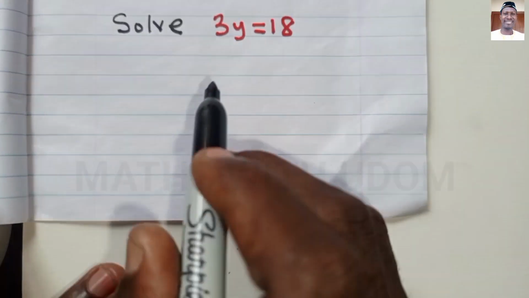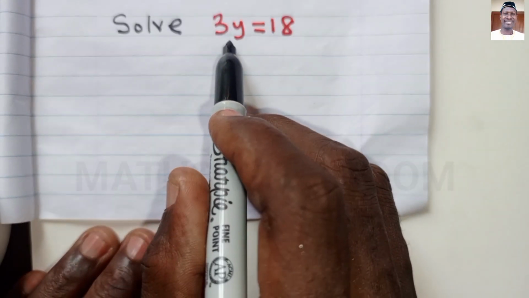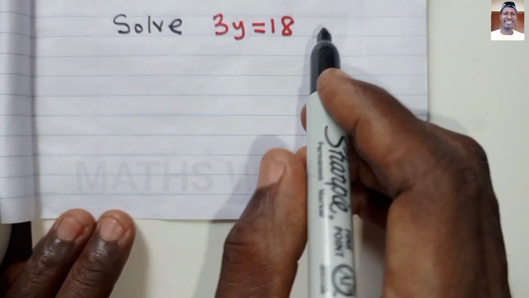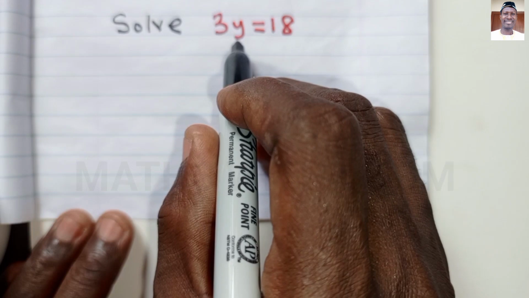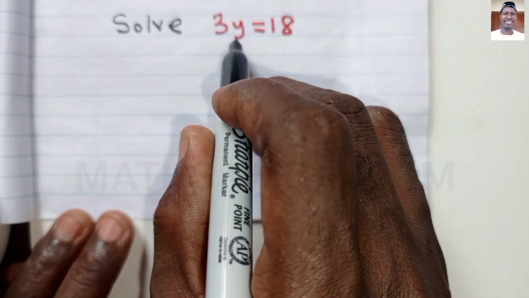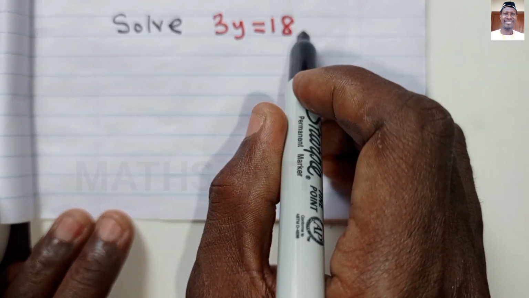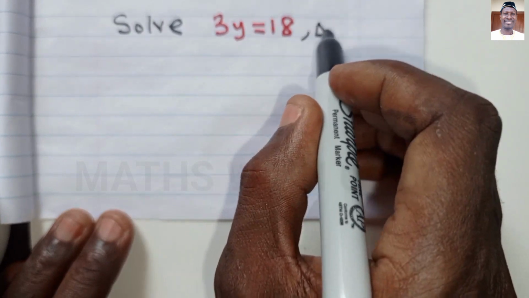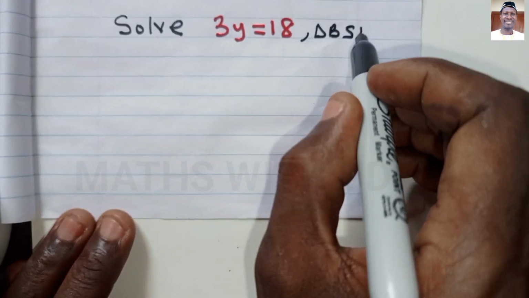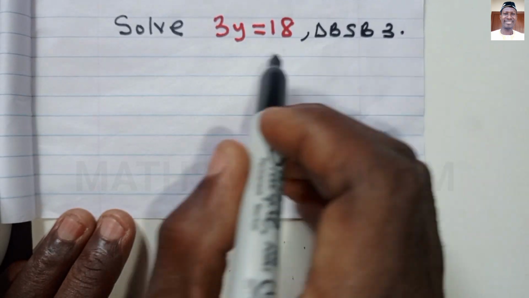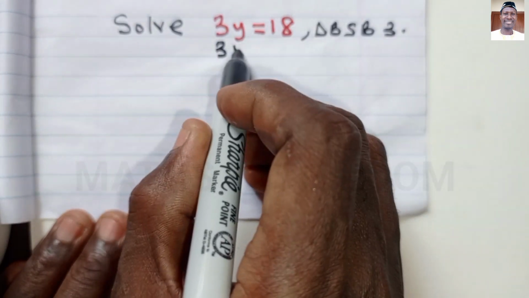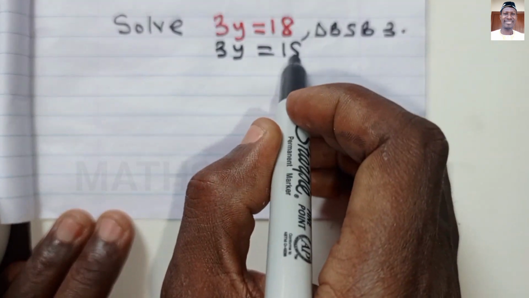Hello, we have to solve this equation: 3y equals 18. All we need to do to find the value of y is to divide both sides of the equation by the coefficient of y, which is 3. So I have 3y is equal to 18.